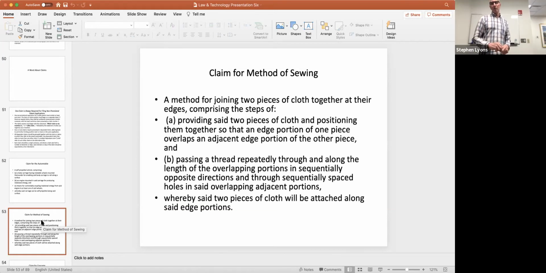Two, passing a thread repeatedly through and along the length of the overlapping portions in sequentially opposite directions and through sequentially spaced holes in said overlapping adjacent portions, whereby said two pieces of cloth will be attached along said edge portions. Again, straightforward description of what the claim of the invention is.